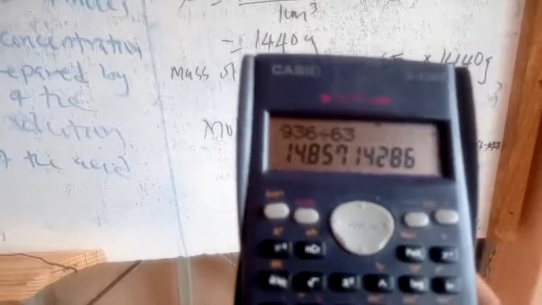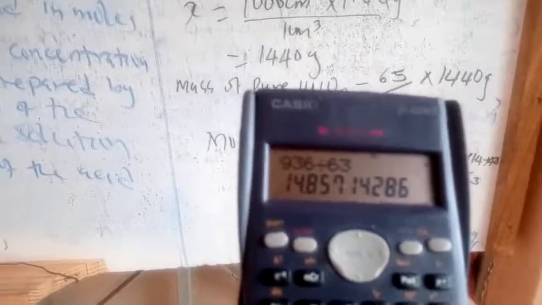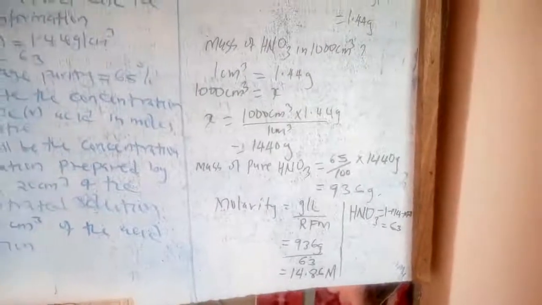If you round it exactly to 2 decimal places, you are supposed to get 14.86, and that becomes the concentration of the concentrated nitric acid.